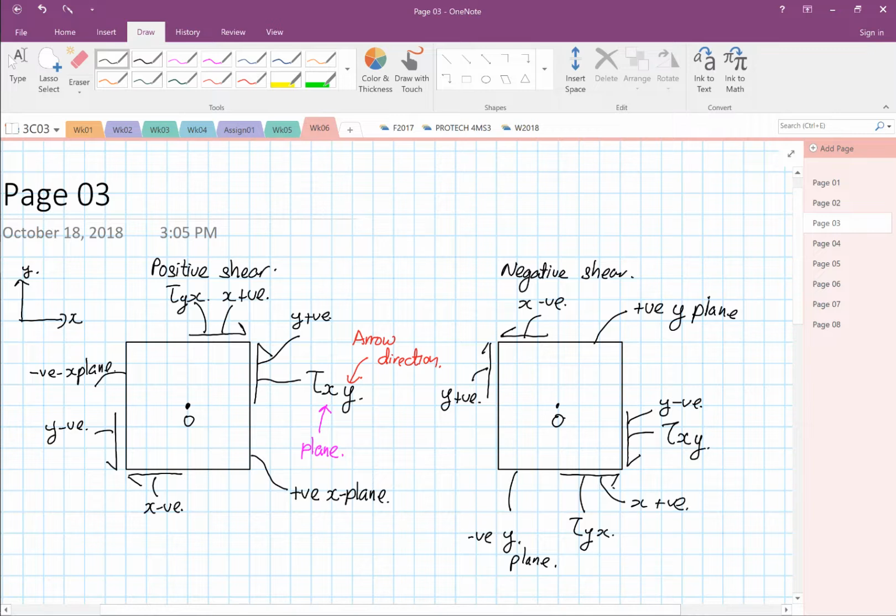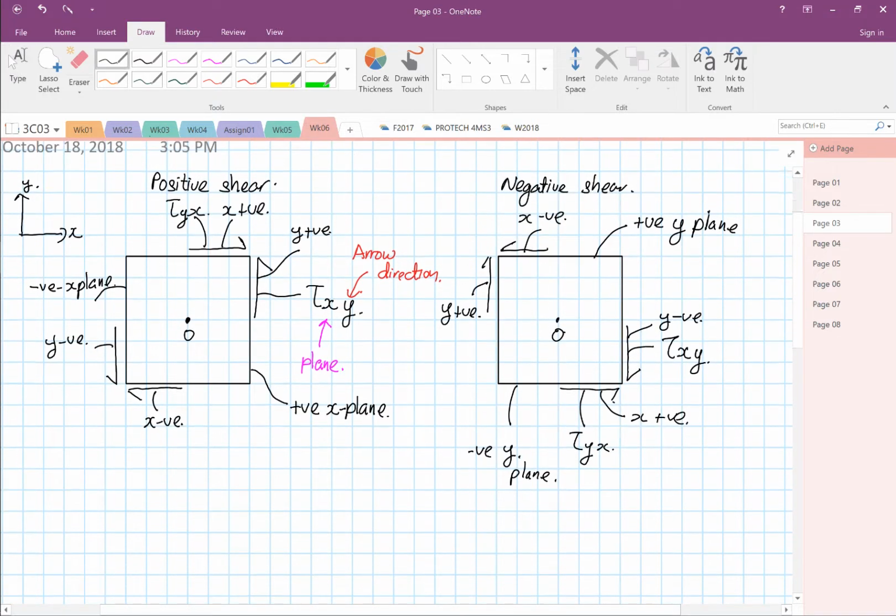So if you look on this surface over here, what you'll see is y positive and x plane is also positive. And then over here, you have x positive acting on a positive y plane. You can see that now, right? Likewise you have negative y direction on a negative plane, and you have an x negative on a y negative plane.